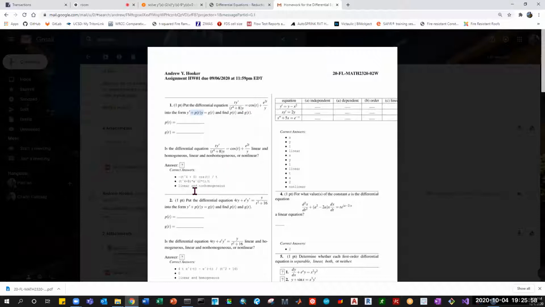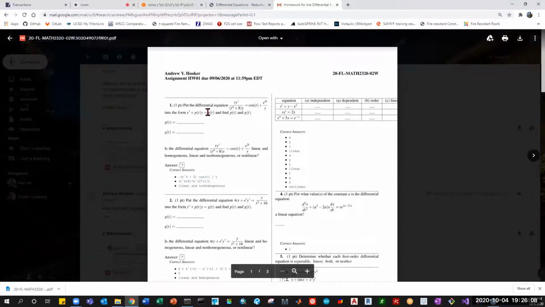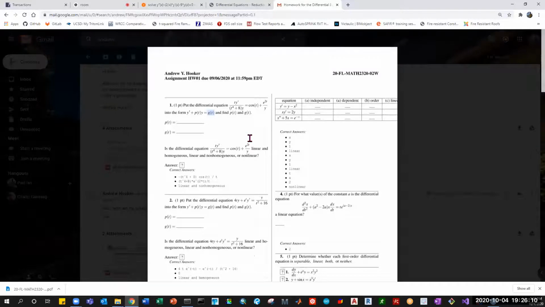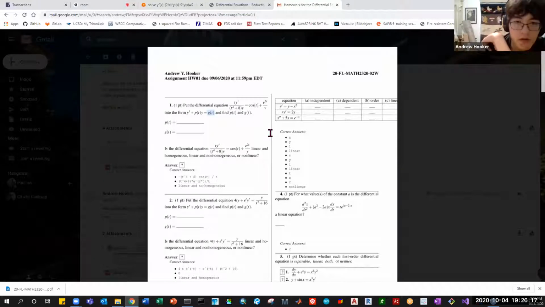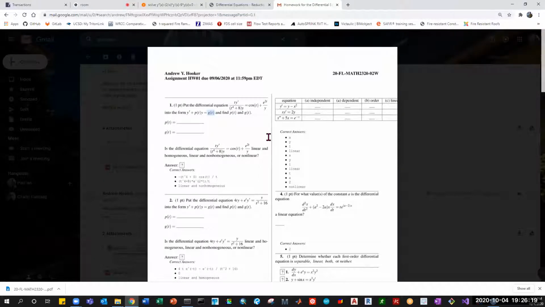Let me see what they put over here. I didn't really do this one, but it makes sense. This is the p(t), and then everything to the right is g(t). There's no y term on the right side, is what I'm saying.